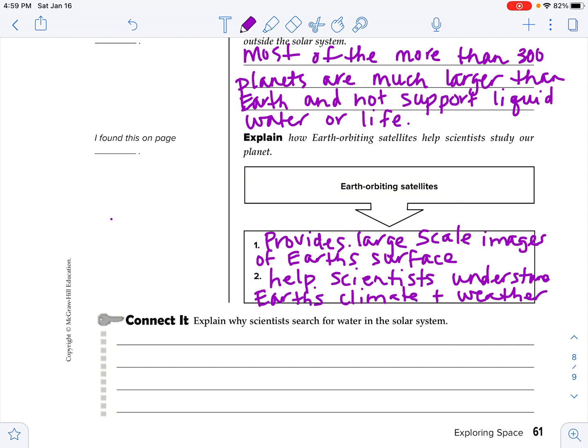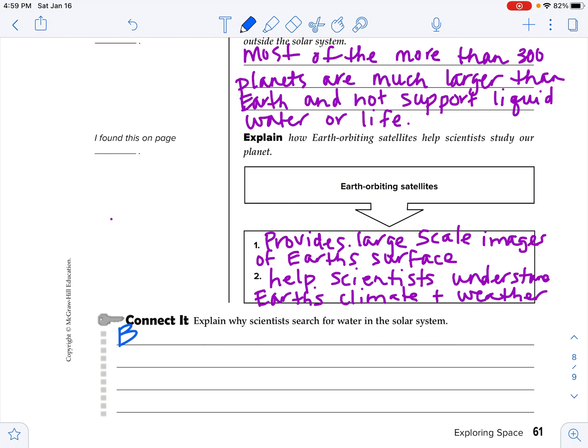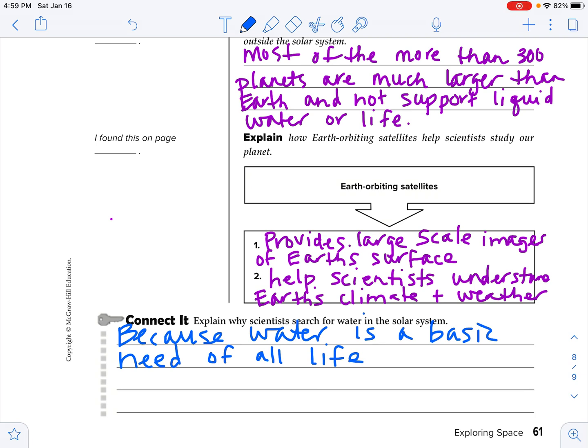Well, because water is a basic need of all life on Earth, scientists assume that life on other objects in space would also have this need.